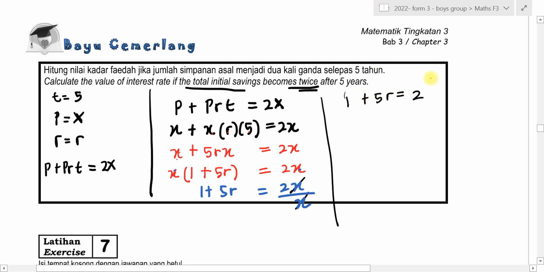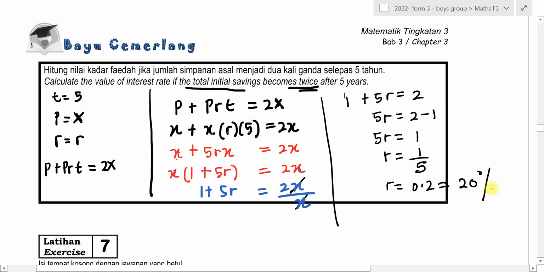Okay, this 1 you bring over there. So 5r equal to 2 minus 1. Okay, so 5r equal to 1. R equal to 1 over 5, which is equal to 0.2, that is 20%.